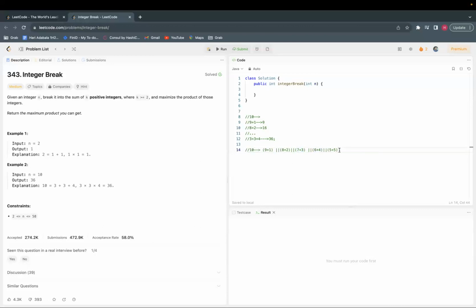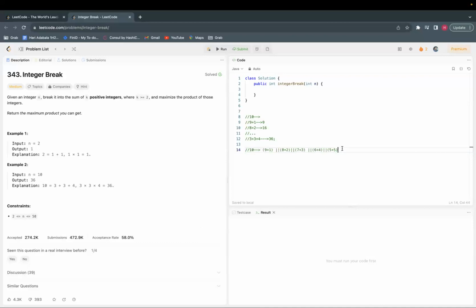So if we know the maximum possible answer for 6, for 4, and for 5, it breaks down into finding the maximum possible answer. It's like a recursion. If we know the answer for earlier numbers, we can compute the answer for this. So it's typically a DP problem.